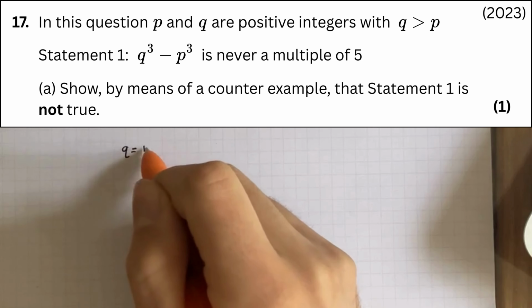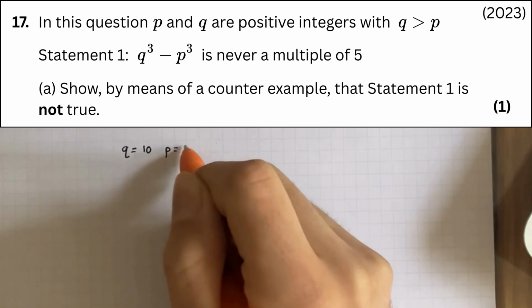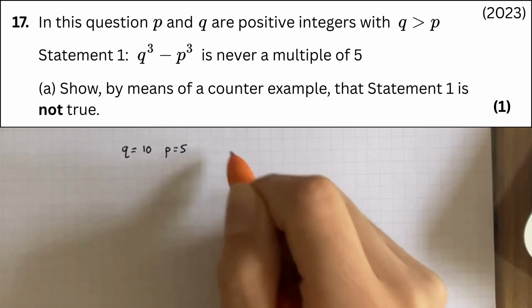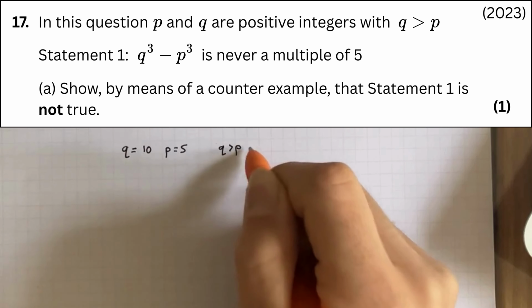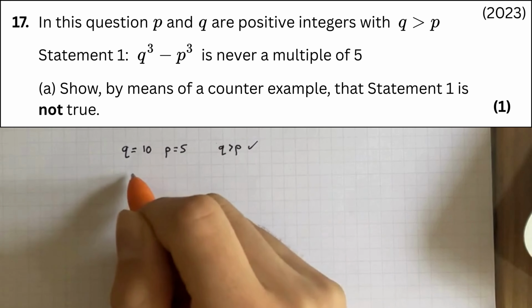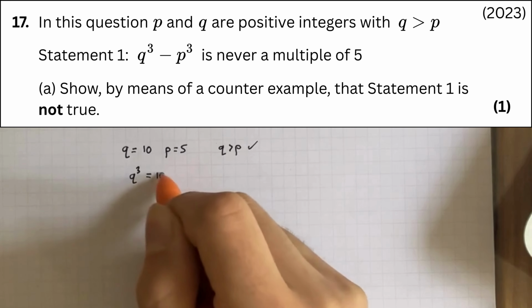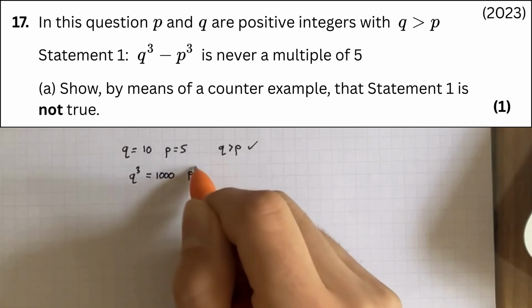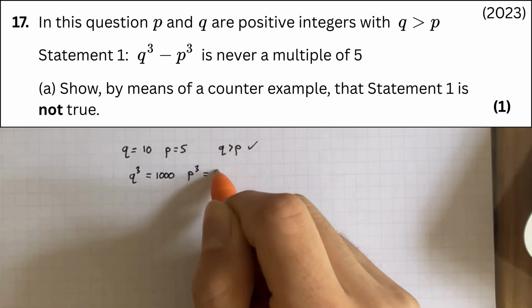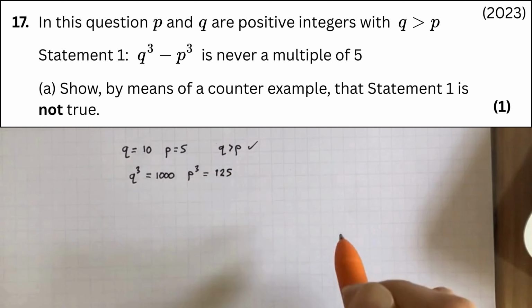So the most obvious thing to do is to take 2 multiples of 5, for example 10 and 5, just making sure q is bigger than p, to do the subtraction with the cubes and to see if it is a multiple of 5. So q cubed is 1000 and p cubed is 125.